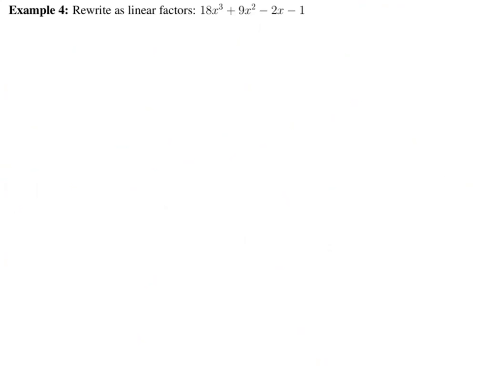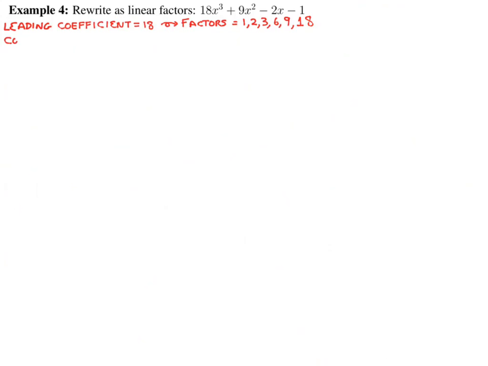Now, this one is different for a different reason, and here the leading coefficient isn't 1. Now it's 18. All the other ones started with a plain x cubed or x to the 4th, which meant 1. So the factors of 18 are 1 and 2 and 3 and 6 and 9 and 18.